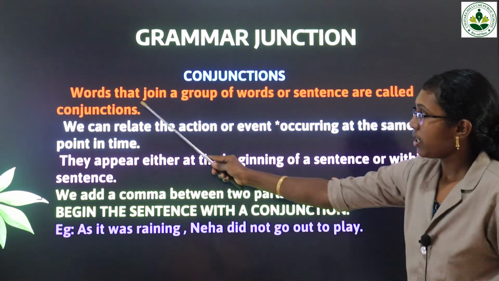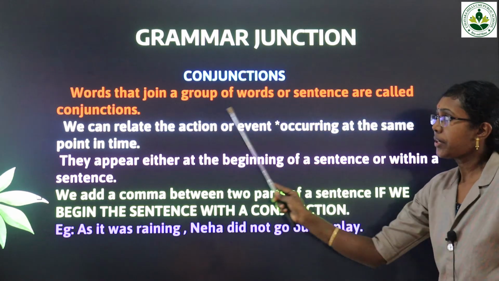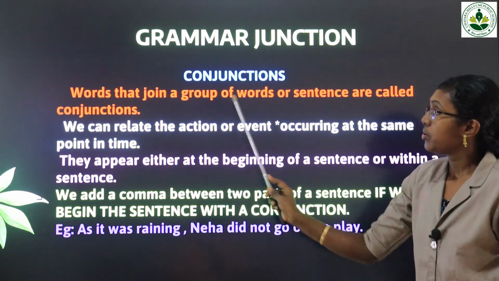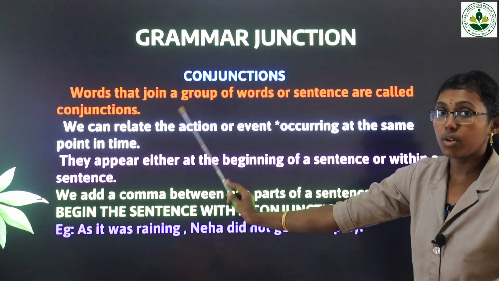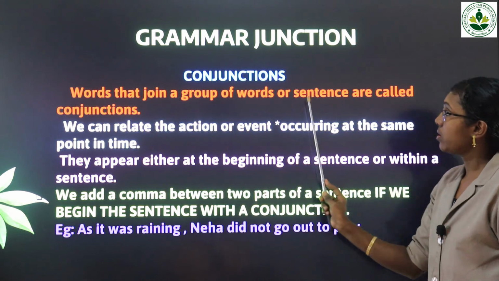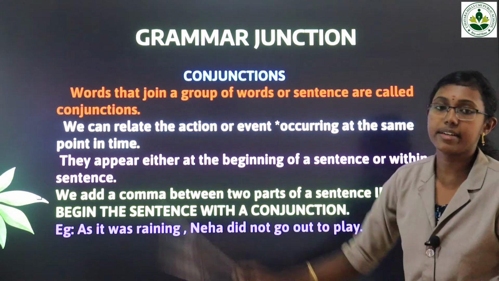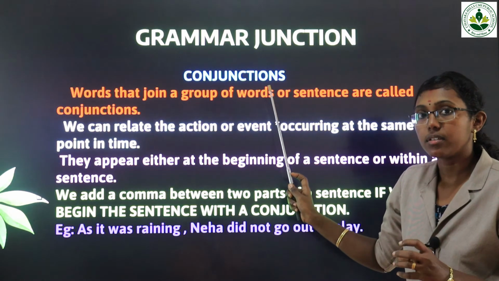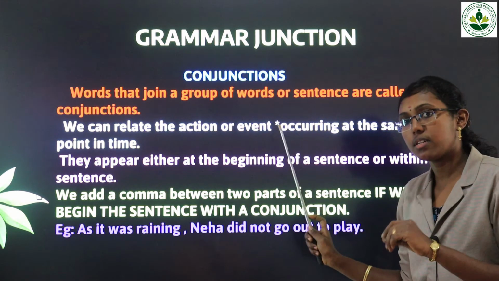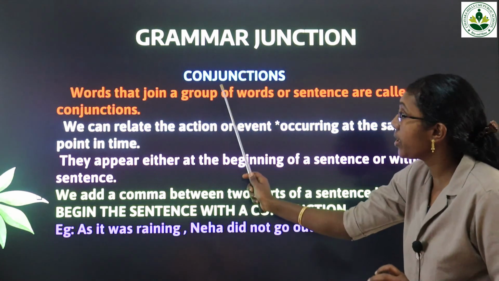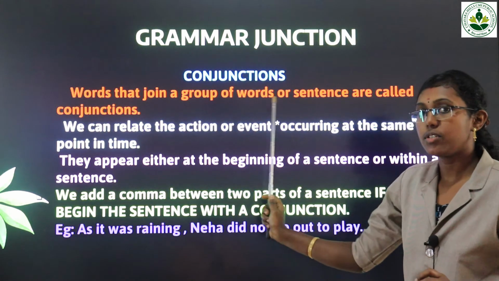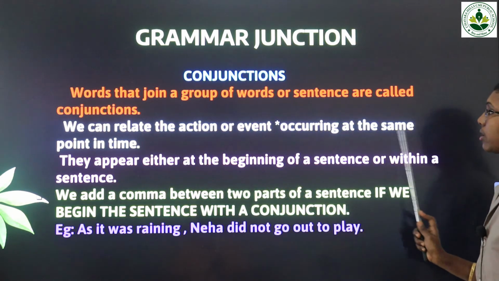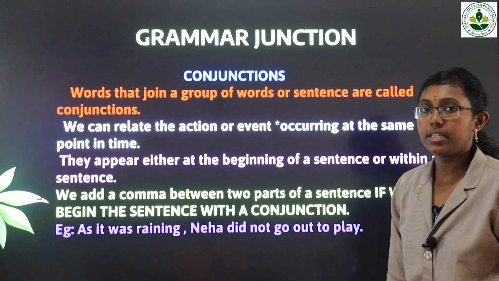Conjunctions are words used to join a group of words or sentences. Conjunction means connecting, joining. Two words or sentences are joined, and that joining word is known as a conjunction. We can relate actions or events occurring at the same point in time.